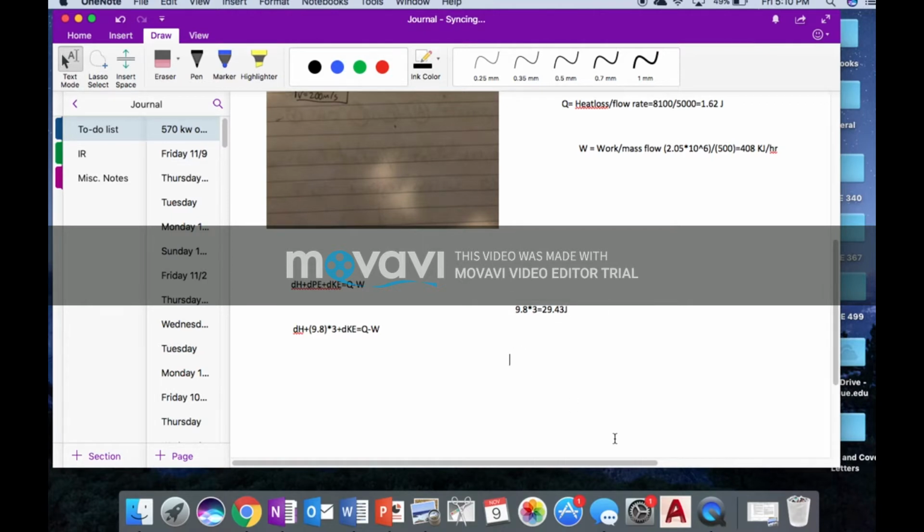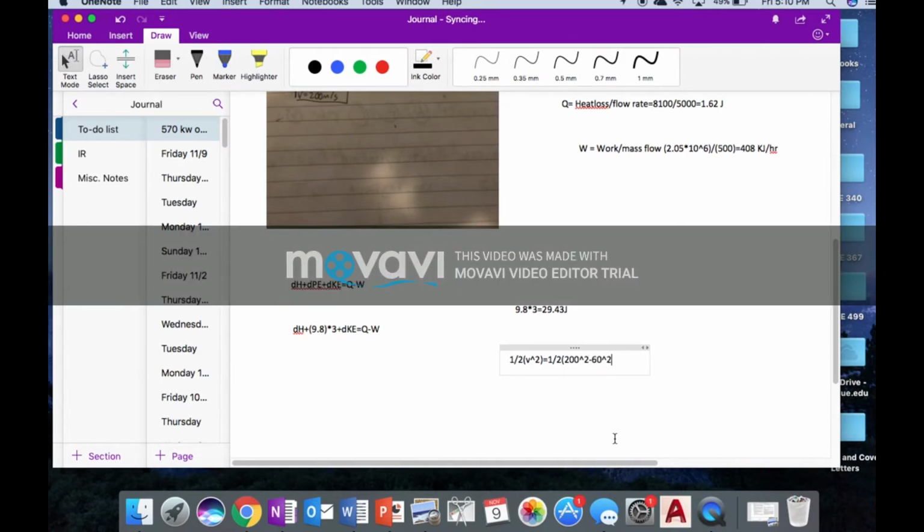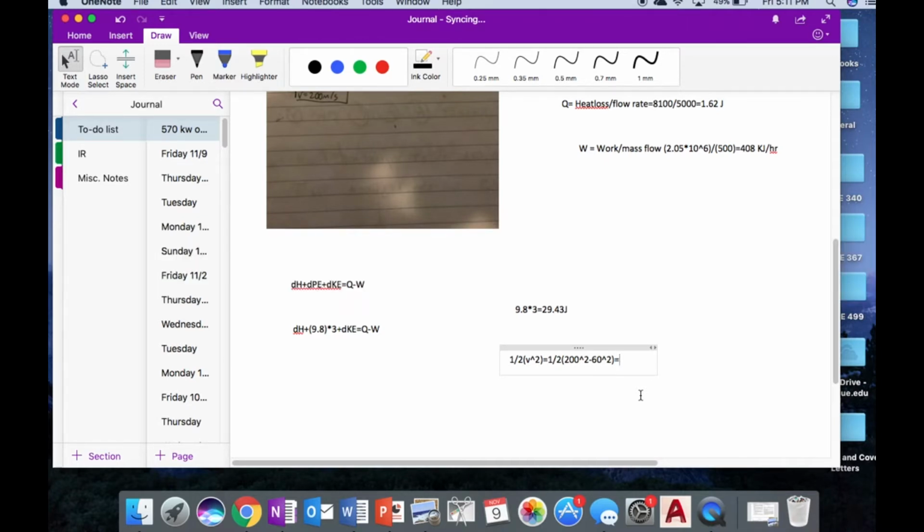that by doing the simple one-half velocity squared function, which equals one-half times the exit speed, which is 200 meters per second, subtracting 60 meters per second, which was the entrance speed. The 200 meters per second was the exit speed, and I'll put the rest in the equation.